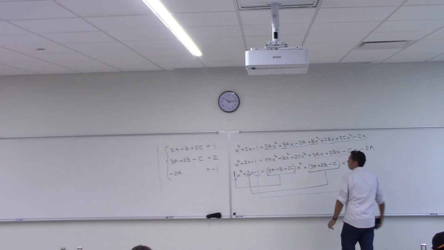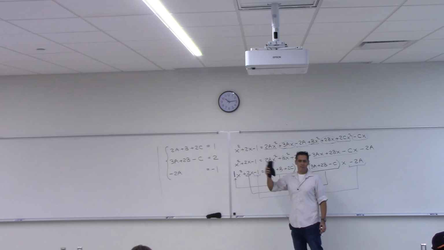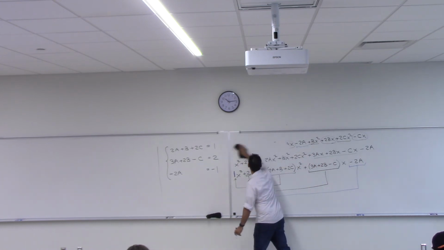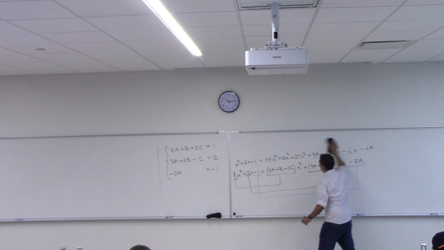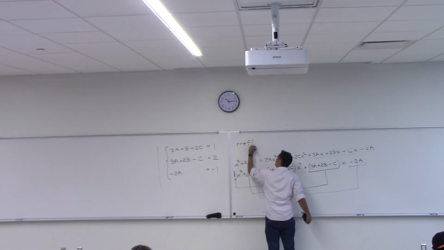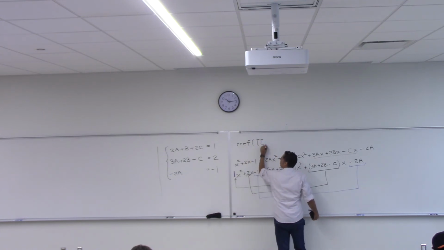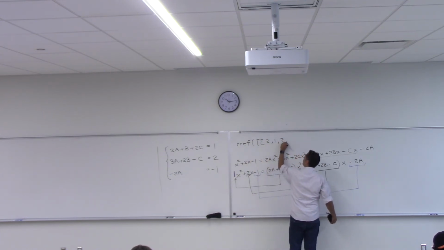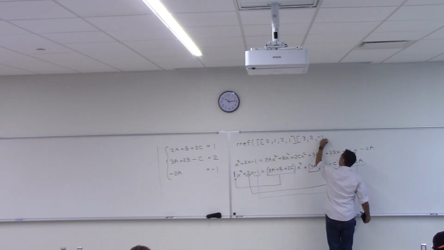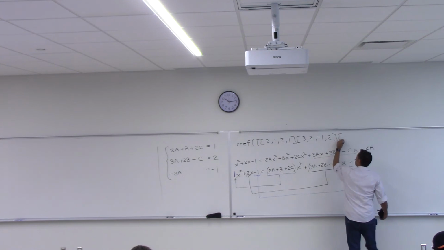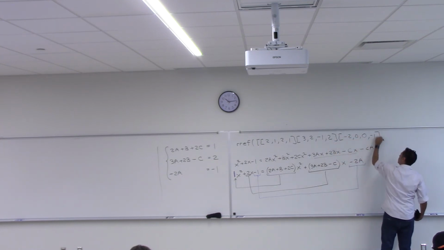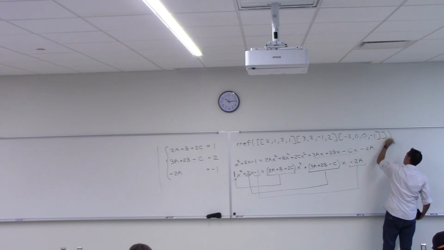Do you want me to put on the board what you type in or no? Yes, please. You want to see all that? Okay. You're typing in RREF, bracket, bracket, 2 1 2 1, close, open, 3 2 negative 1 2, close, open, negative 2 0 0 negative 1, close, close parenthesis.